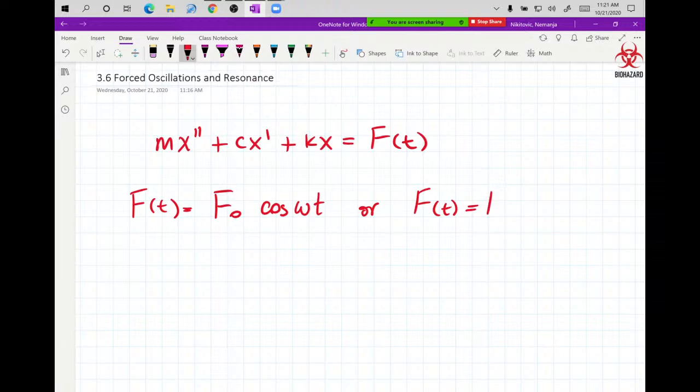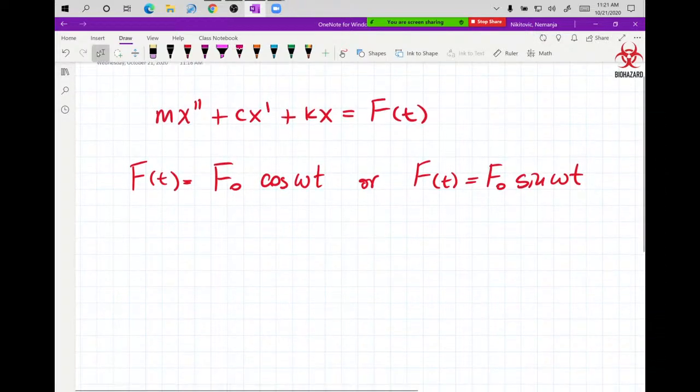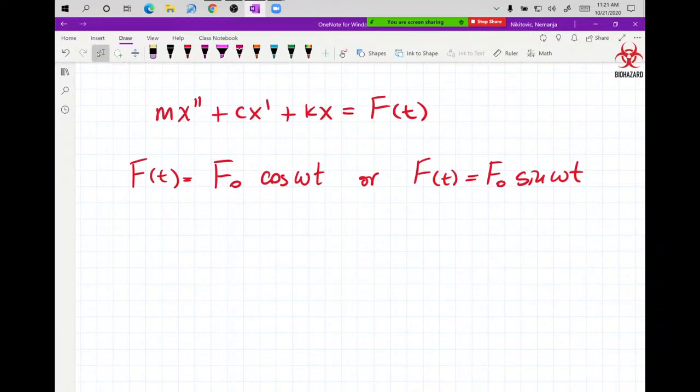And I told you earlier, it will depend whether it's a sine or cosine. It will depend which way you set the system in motion and then apply the force. Remember the difference. Actually, let's go this way. So if this is the swing set on the ground, and this is where the kid sits.